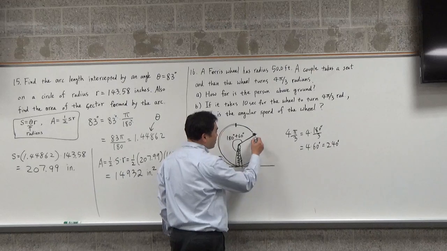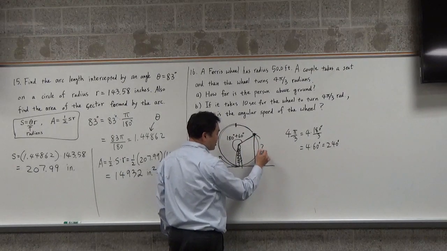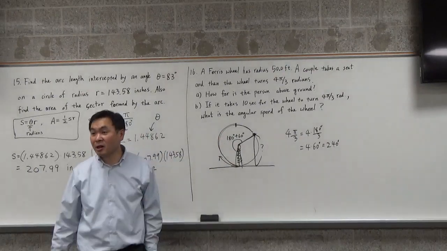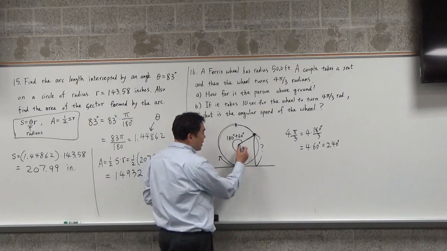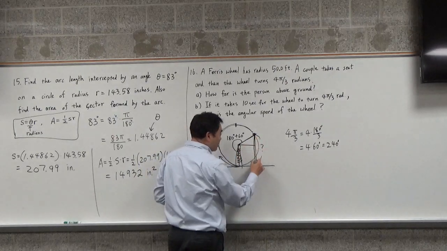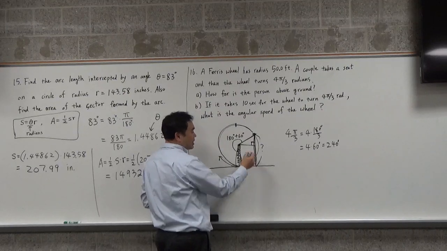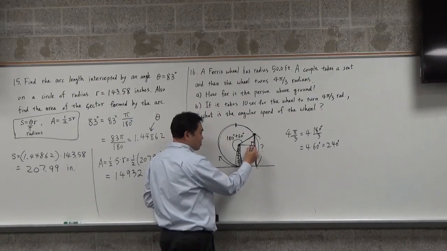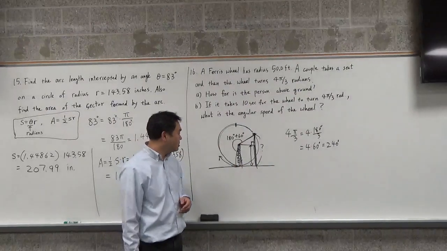So now, the question is, what is this length right here? How high is that? Well, I can divide this into a right triangle and a rectangle, right? And I even know this height, this portion. What is this height? 50 feet.